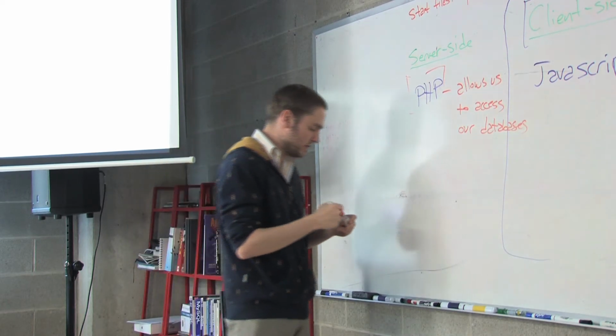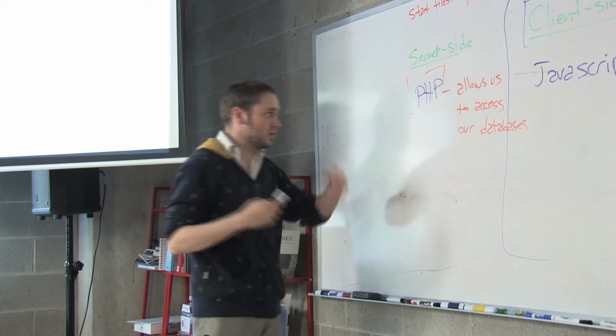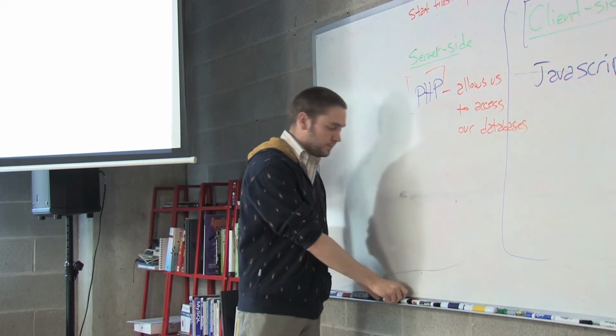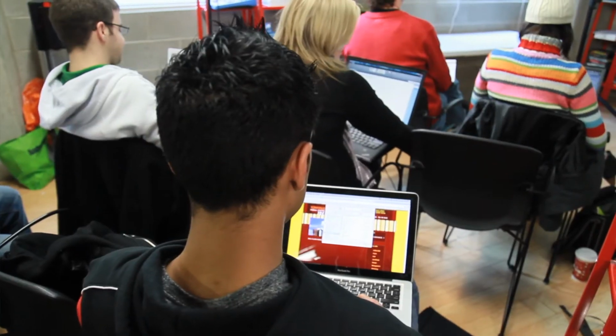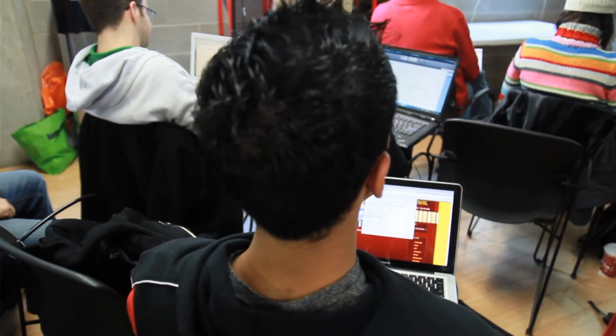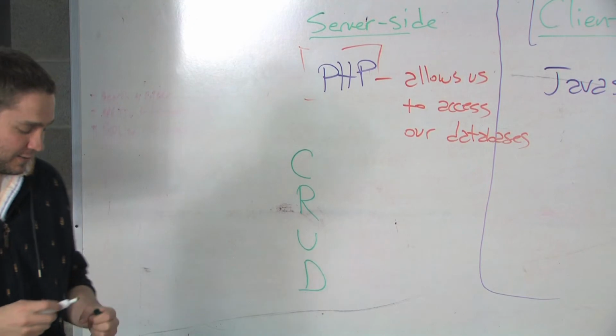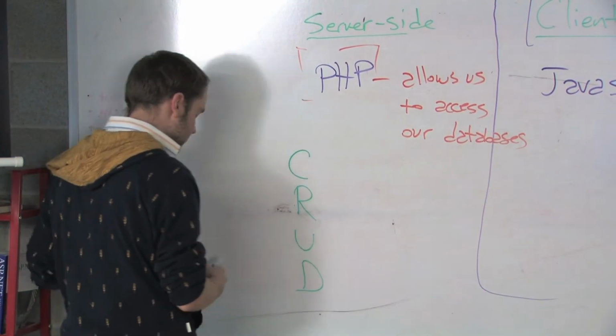There's actually an acronym for some of the most common server-side types of functions, and it's this one. Very charming and eloquent acronym of CRUD. And what CRUD stands for is create, read, update, delete.